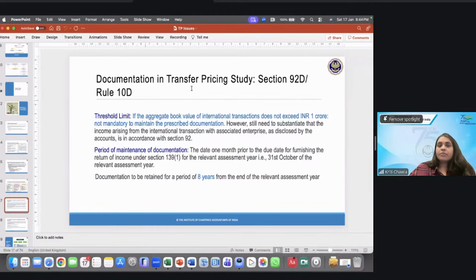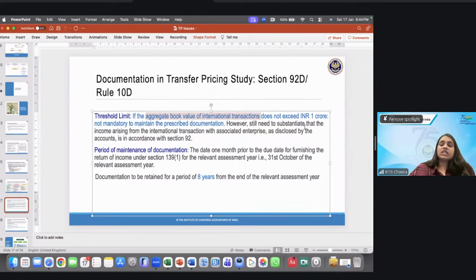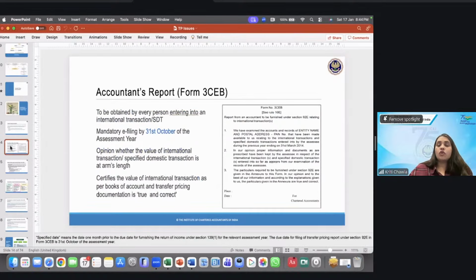The threshold limit for the TP study is when the aggregate book value of international transactions exceeds 1 crore rupees. It's only after 1 crore rupees that we maintain the TP study. Otherwise, till then, you can just have Form 3CEB filed with the income tax department. That is the documentation structure that we have to maintain from an Indian transfer pricing perspective.